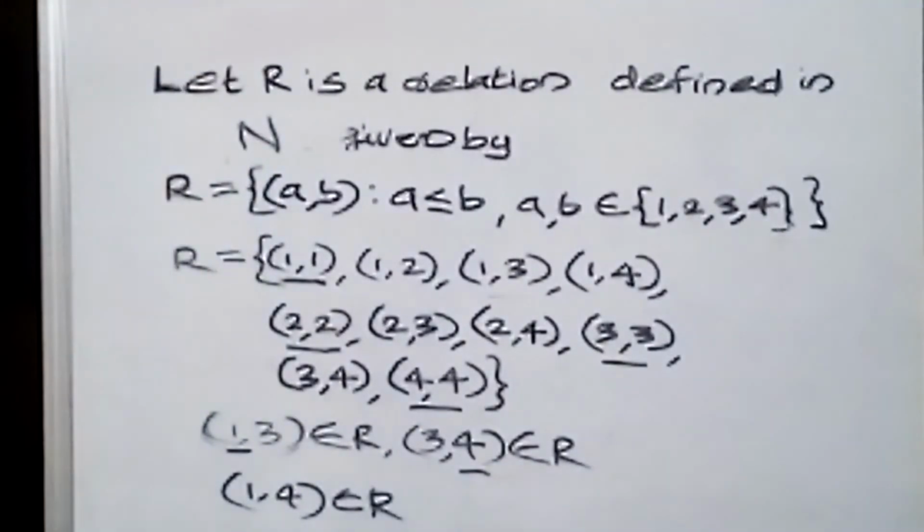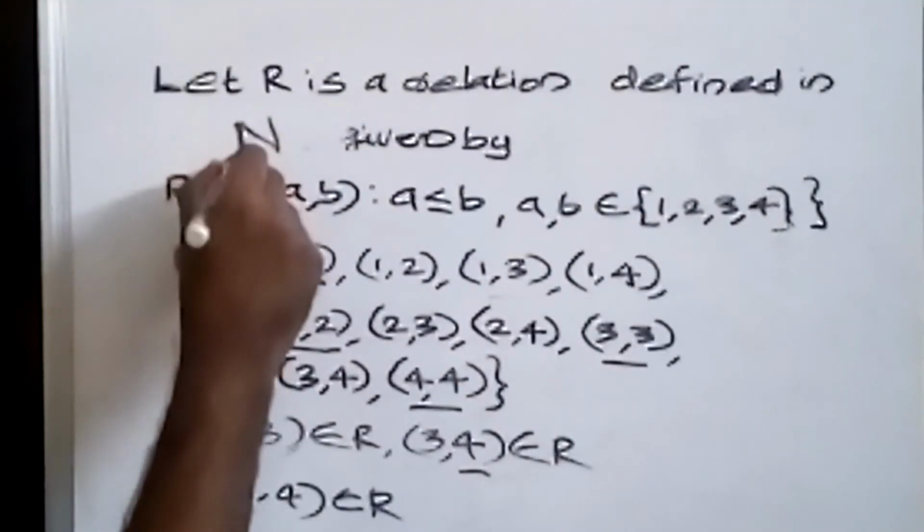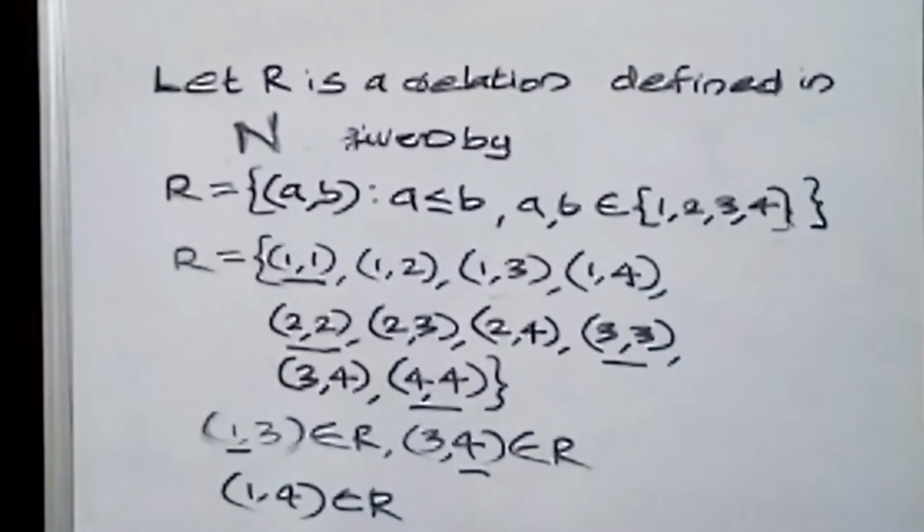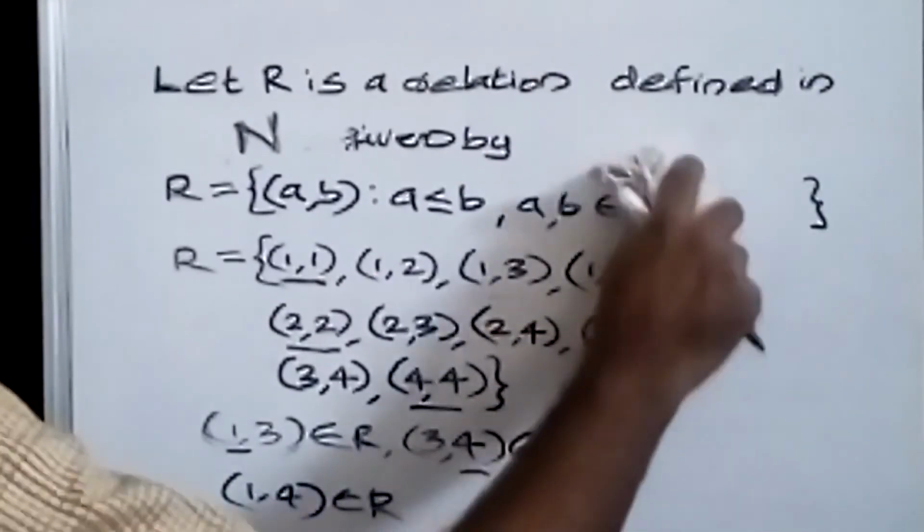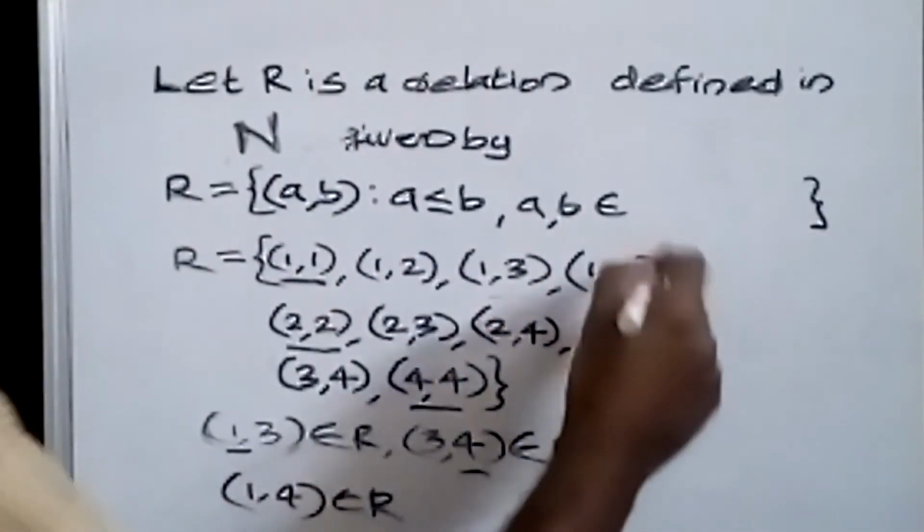Let R be a relation defined in N, the set of all natural numbers, given by R equal to the set of all (a, b) such that a is less than or equal to b, where a, b belong to N, the set of all natural numbers.